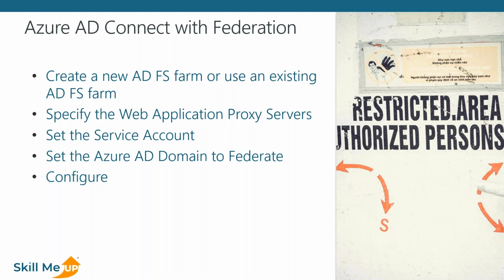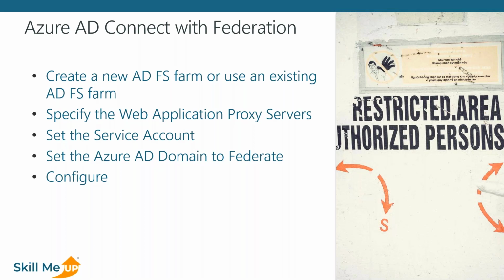Then you specify any web application proxy servers. This is also a critical key here, is that we have ADFS servers and then you have web application proxy servers. We used to have ADFS proxy servers, but they don't exist anymore. They are now web application proxy servers that serve as the ADFS proxies. You'll then configure the service account for the on-premises that will allow that connection. Then you'll set the Azure AD domain to federate, and then you'll configure that process.